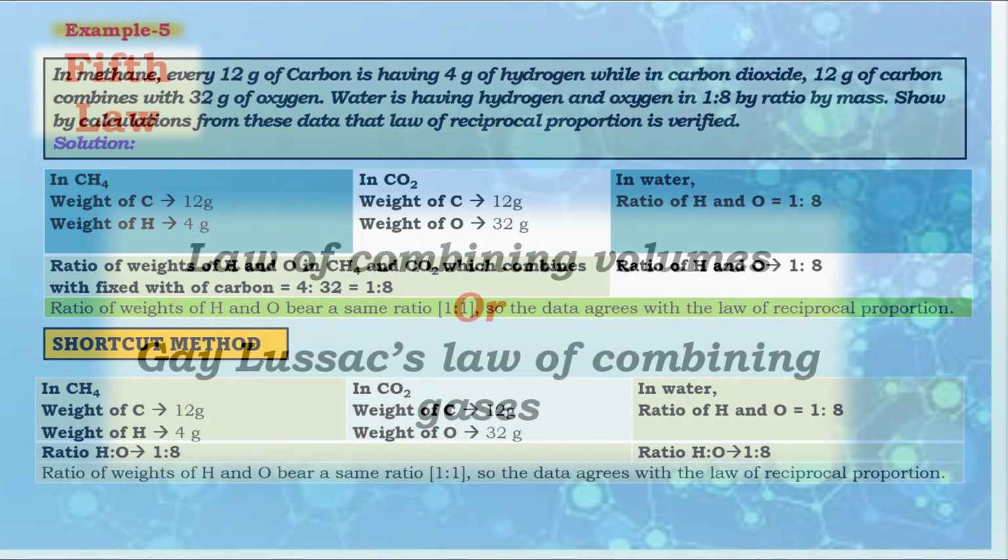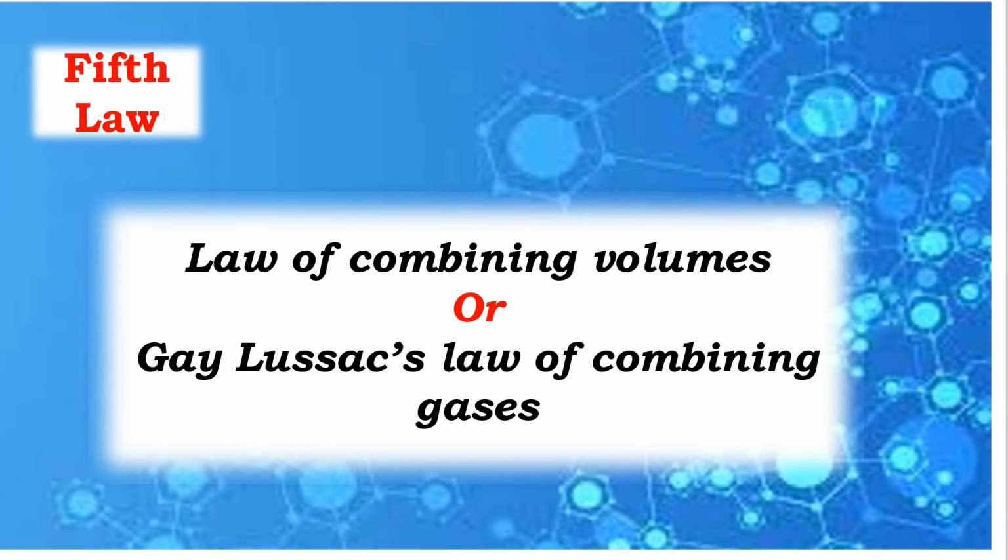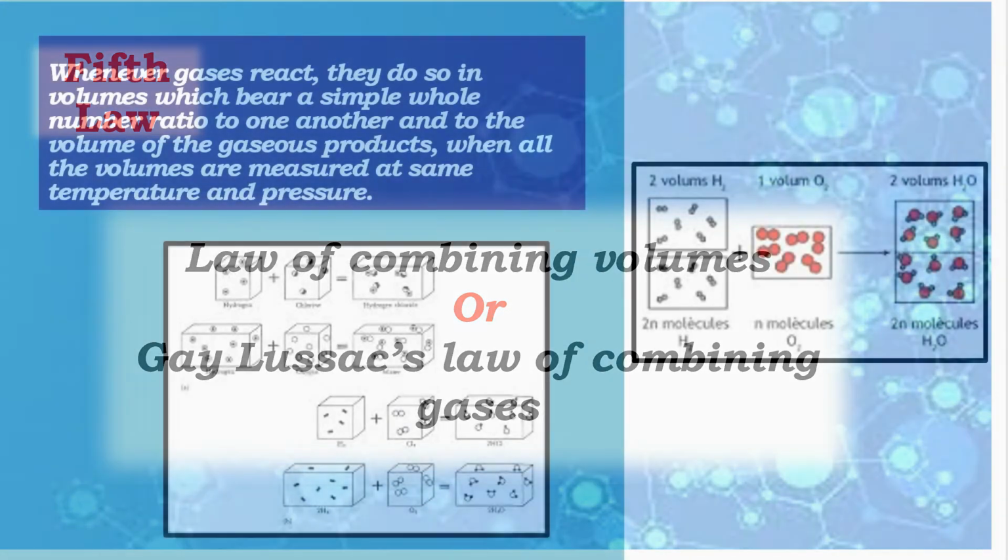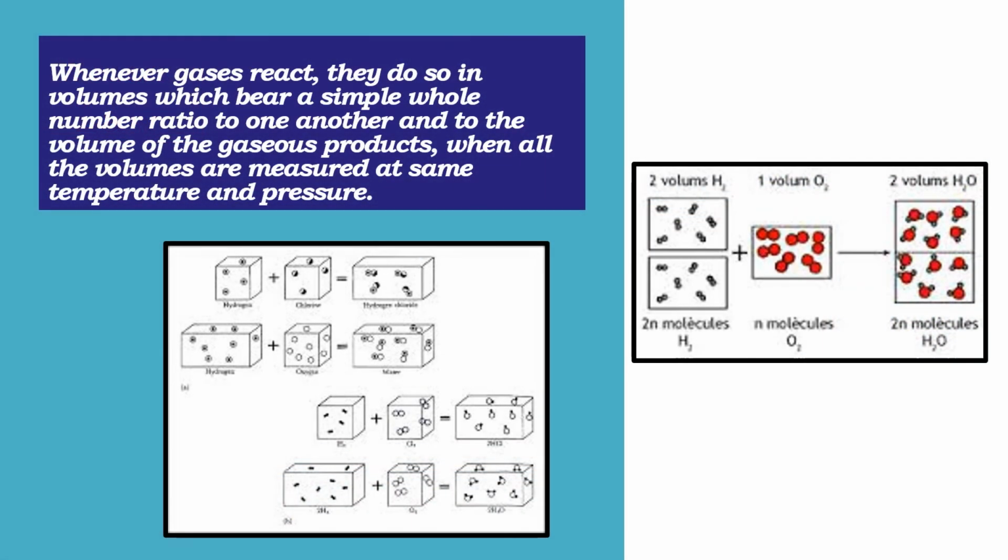Fifth law, law of combining volumes, or Gay-Lussac's law of combining gases. This law states that whenever gases react, they do so in volumes which bear a simple whole number ratio to one another and to the volume of the gaseous products when all the volumes are measured at same temperature and pressure.